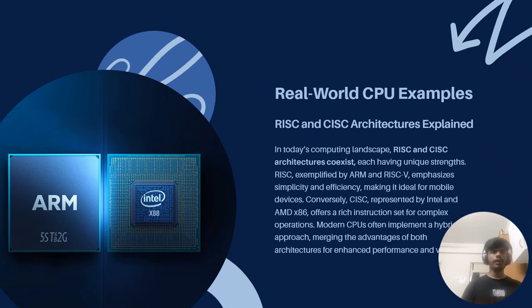Now I'll be explaining about real world examples. ARM and RISC are everywhere, like in phones, tablets, and many IoT devices, thanks to their speed and power efficiency.